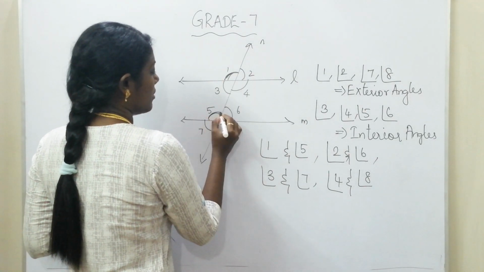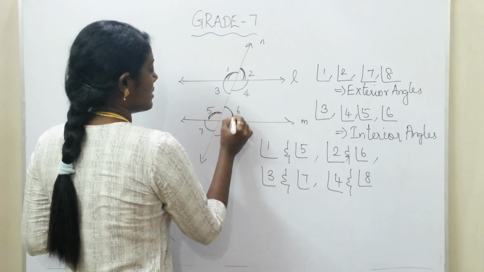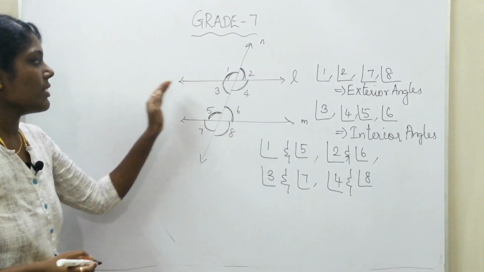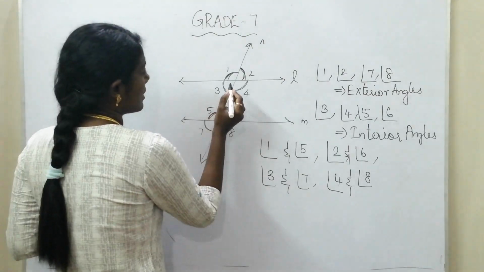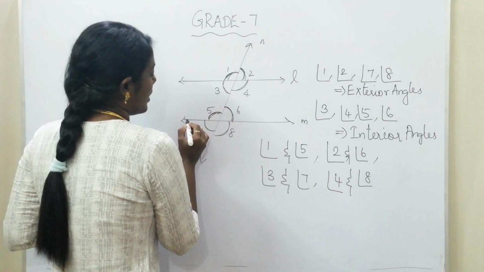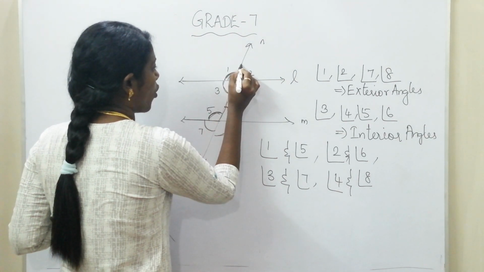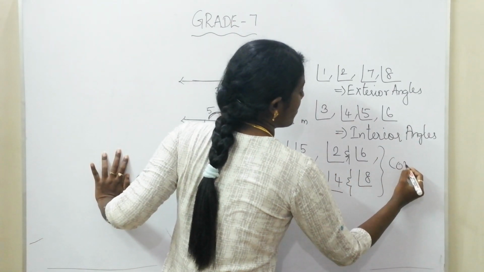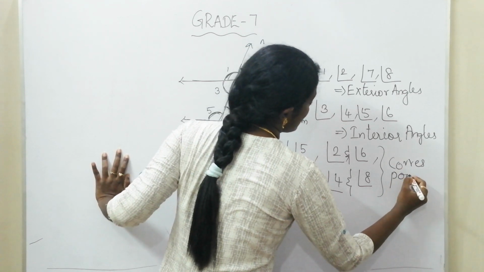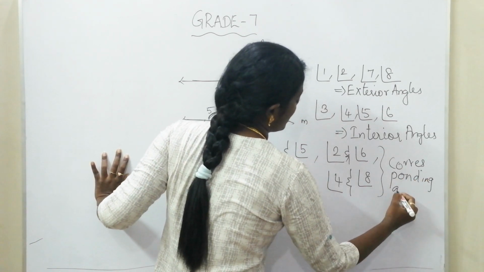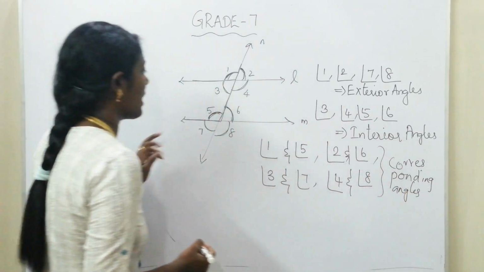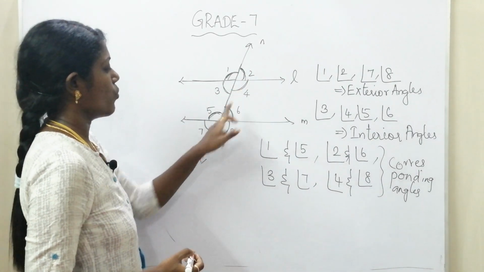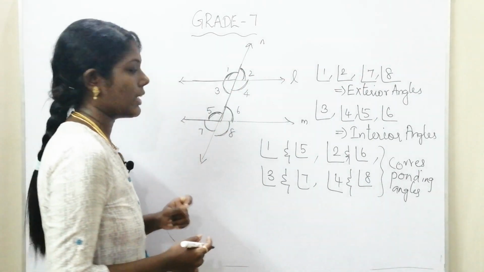You can have a look at this: it will be in the form of F. So 5 and 1 are in the form of F. These angles are called corresponding angles. When they have one angle left in the middle, they are called corresponding angles. You leave off 3 and go with 5; 2 and 6, 3 and 7, 4 and 8. So these are called corresponding angles.